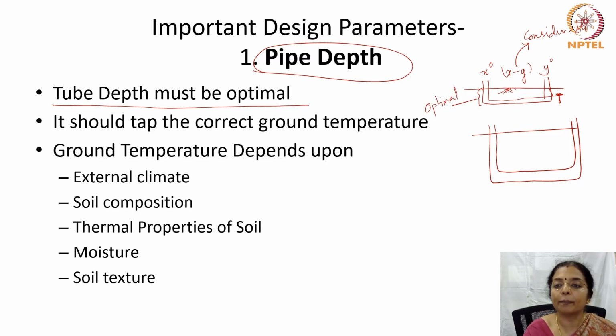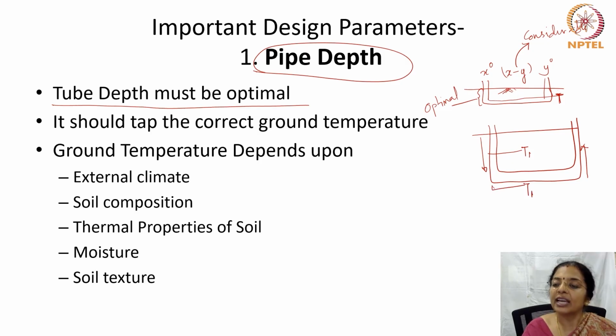It cannot be shallow. If it is too deep, it is meaningless, because two things will happen. You will have to use pressure to send the air and to pump the air out if the depth is too much. Besides, if the temperature of the soil here is T1, it is going to be T1 here also.